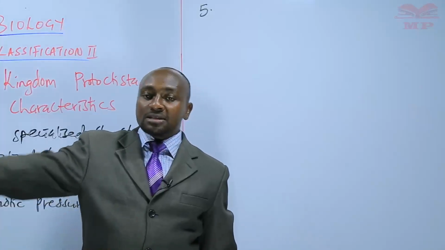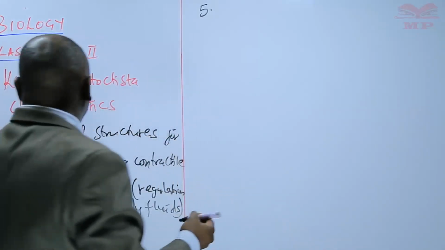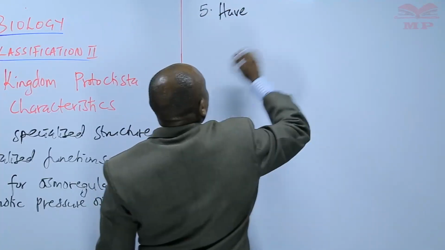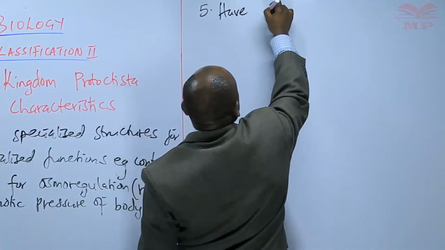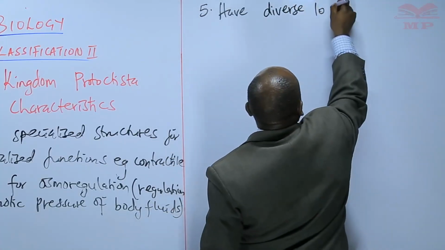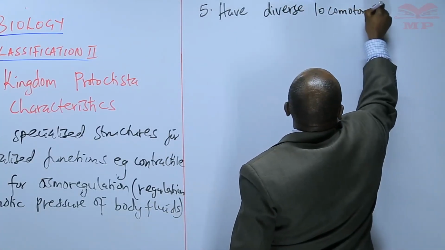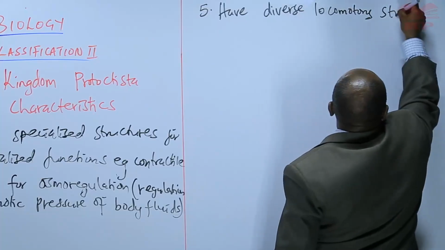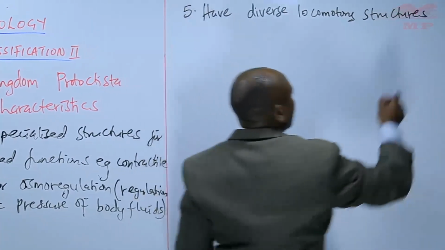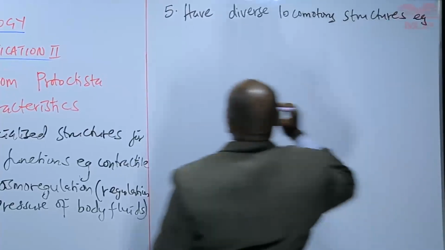Paramecium has its own. So we say that they have diverse locomotory structures for locomotion.